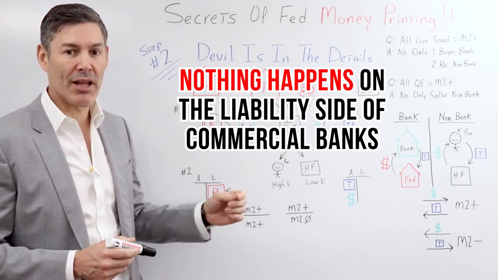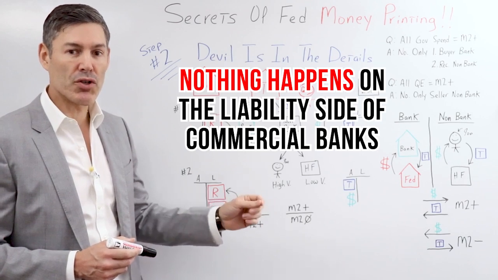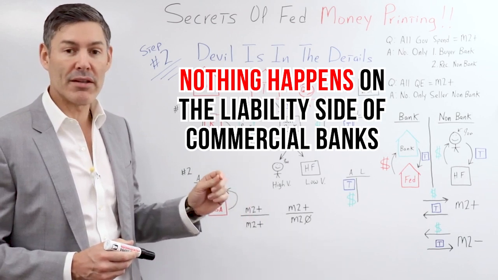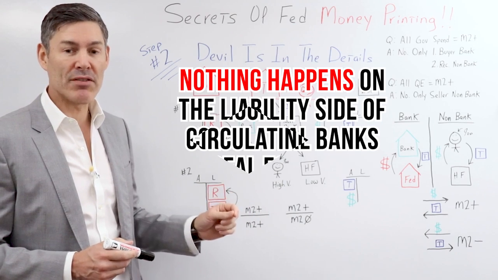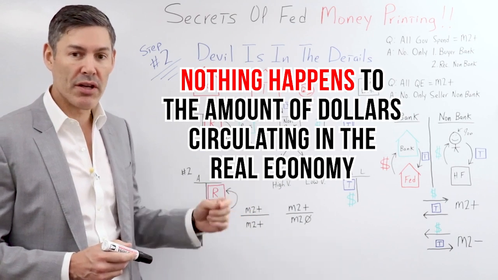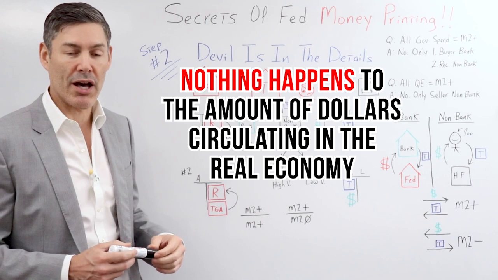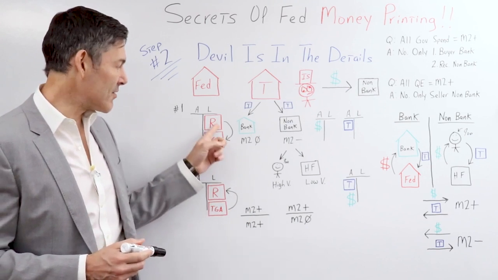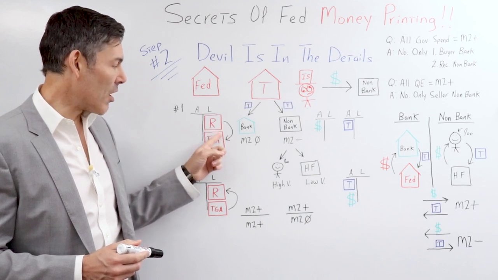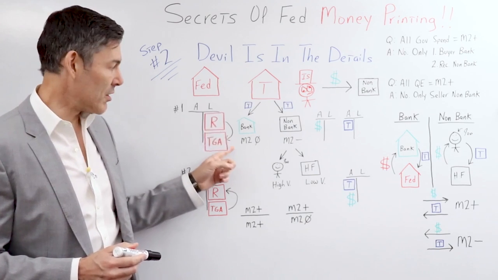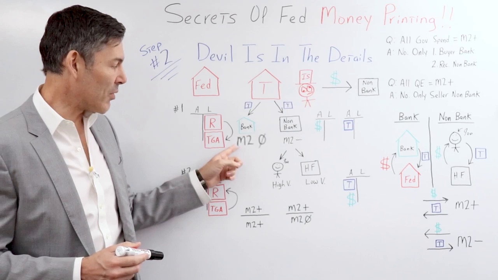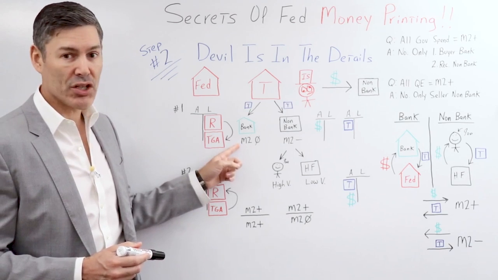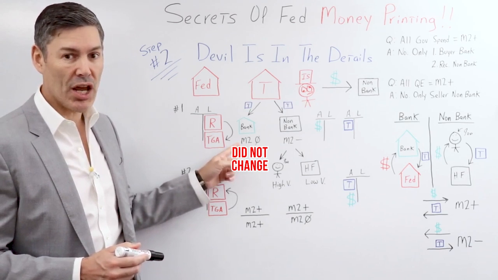Nothing happens on the liability side of the commercial banks. Or, said another way, nothing happens to the amount of dollars that are circulating in the real economy chasing goods and services. Because it's just an accounting entry on the Fed's balance sheet. So again, M2 money supply in this transaction did not change.